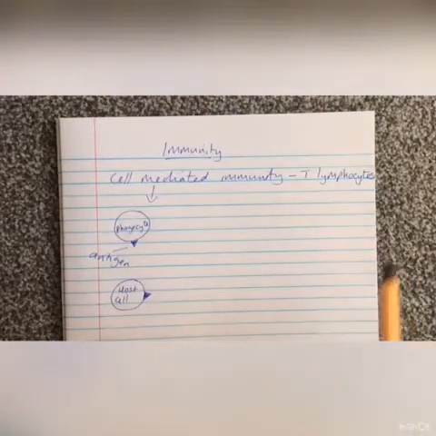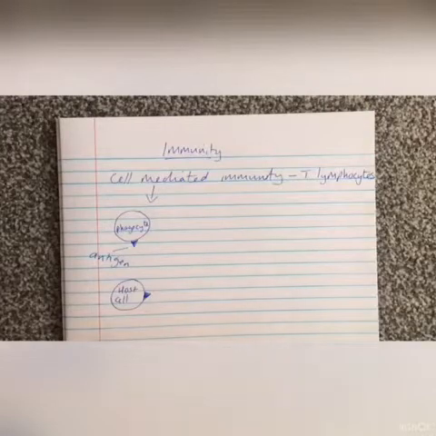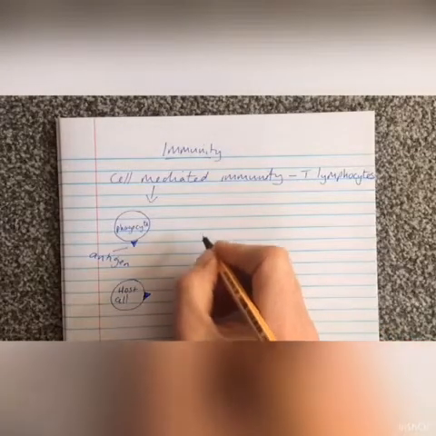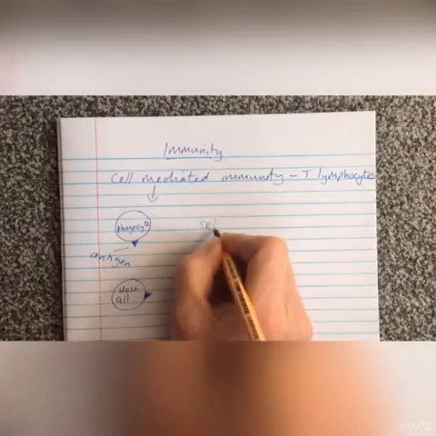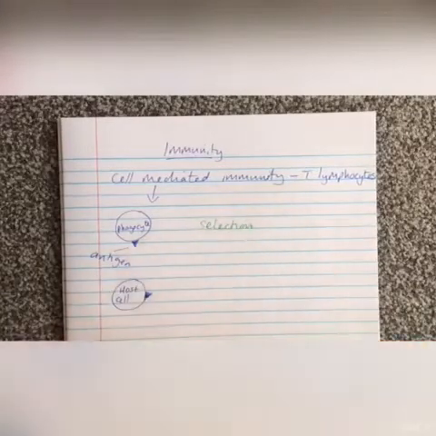Okay, now the first stage of things that happen, I'm going to choose a different colour. The first stage with your T lymphocytes is basically selection. So they need to select the correct T lymphocyte.